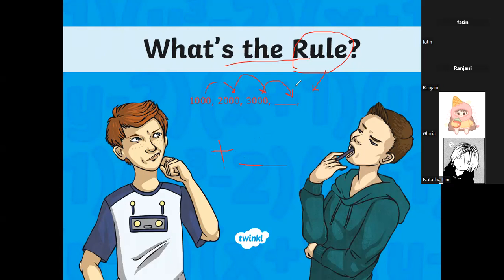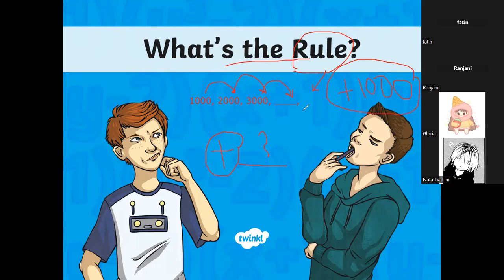There's two things to a pattern. Number one would be whether it's going up or going down, and how much, what is the value? So the rule is plus 1,000. Do you all understand now what you were doing last time? You were just completing the pattern.